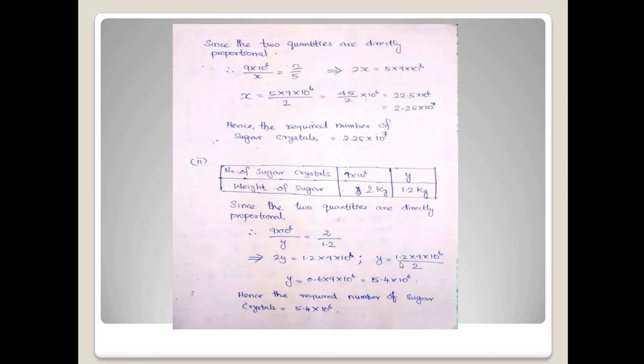So y equal 1.2 multiplied by 9 multiplied by 10 to the power 6 divided by 2. After simplification, you will get y equal 0.6 multiplied by 9 multiplied by 10 to the power 6, that is equivalent to 5.4 multiplied by 10 to the power 6. Hence the required number of sugar crystals equal 5.4 multiplied by 10 to the power 6.